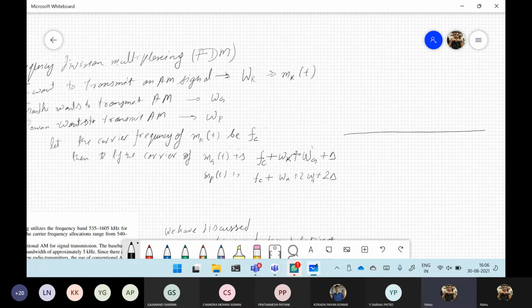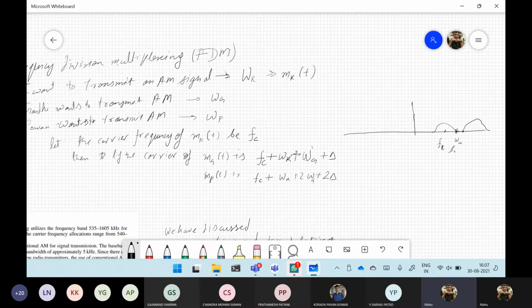I can represent the frequency spectrum as 0. So let this be my frequency FR, with bandwidth WR, from FC minus WR to FC plus WR. You give a guard interval. So delta, let me call the guard band.